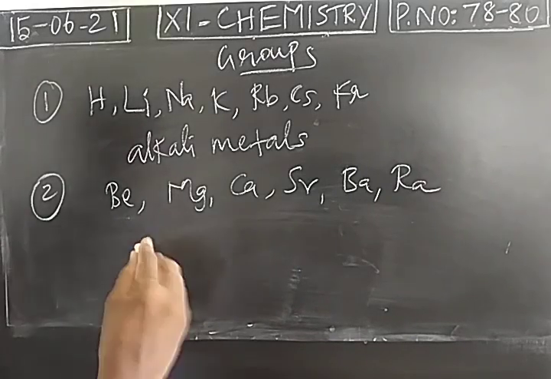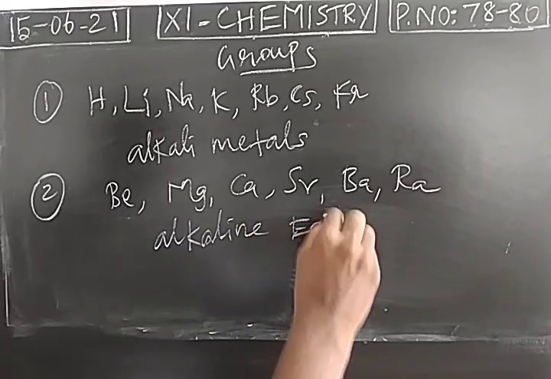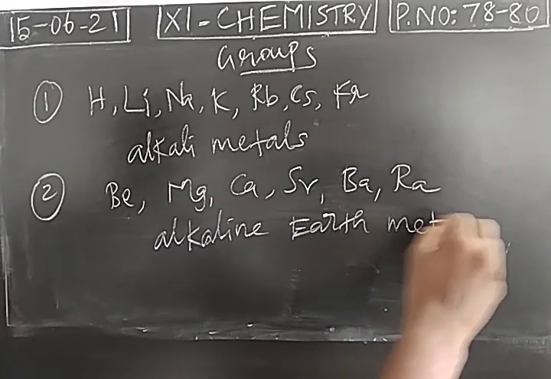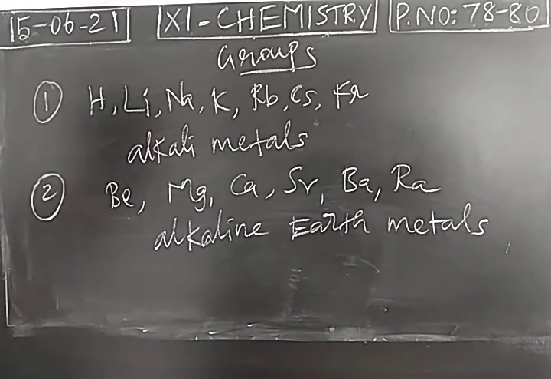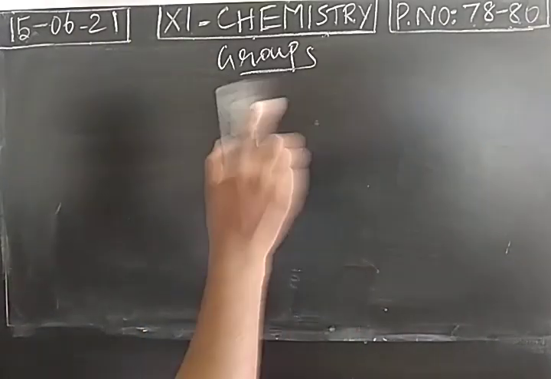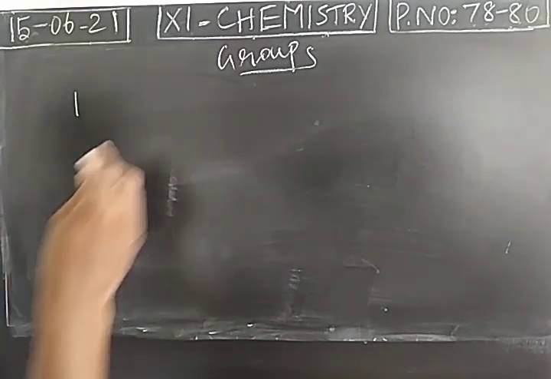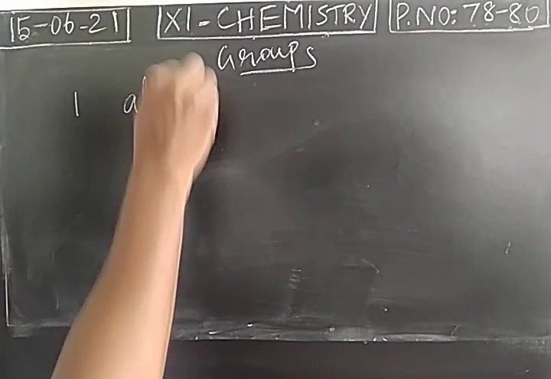These elements are called alkaline earth metals, based on their abundance and the source from which they are extracted. So first group elements are called alkali metals.